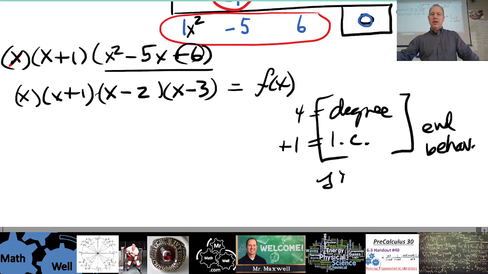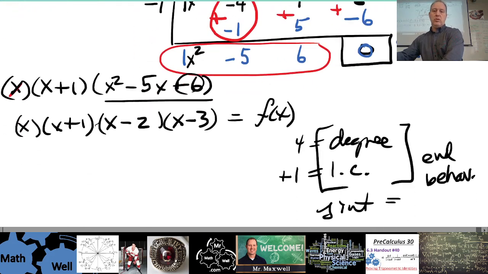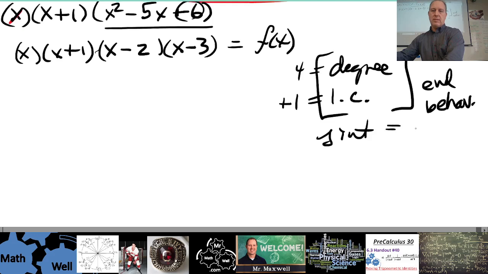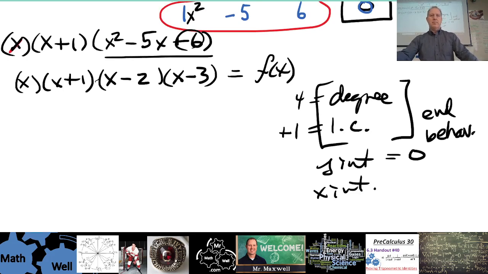A y-intercept, we should also look for that, which again, from the original, the constant was 0. So the y-intercept is actually 0. You can get that from the original question as well. And of course the x-intercepts are coming from right here, right?